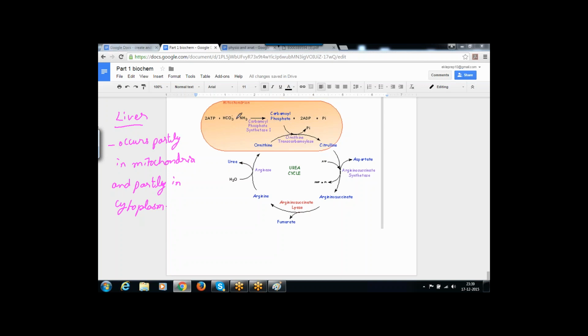What happens is, this is the ammonia which was released from deamination. It combines with bicarbonate ion. This is inside mitochondria. Inside mitochondria, the ammonia combines with bicarbonate in presence of carbamoyl phosphate synthase to form carbamoyl phosphate. So carbamoyl phosphate is formed.